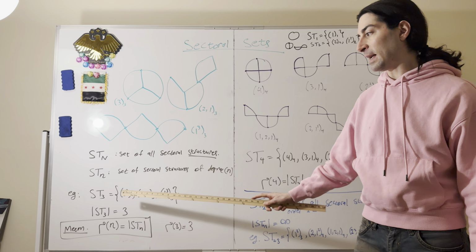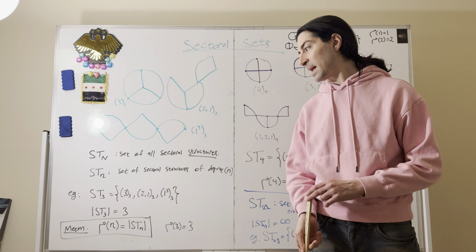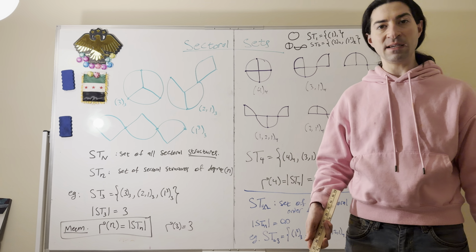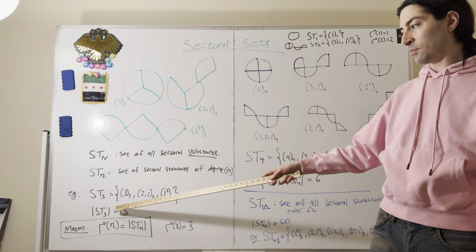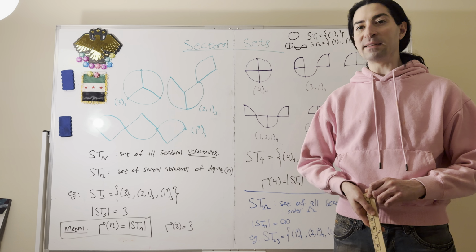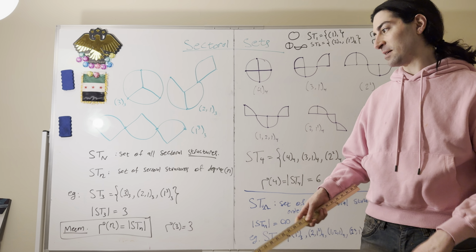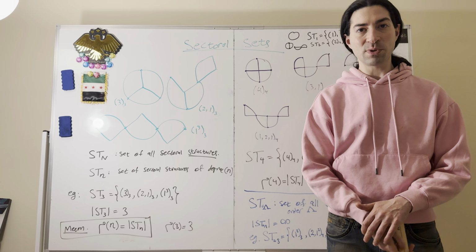So we really only have 3 sectoral structures of degree 3. And therefore, this is the set ST3. The size of ST3 is 3. It does not always equal n, of course, so this is just the first few.